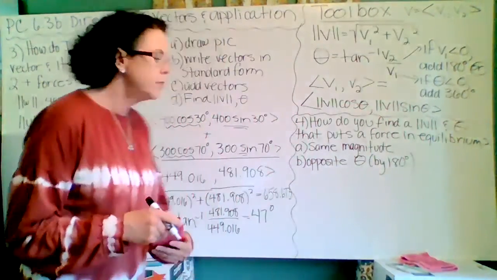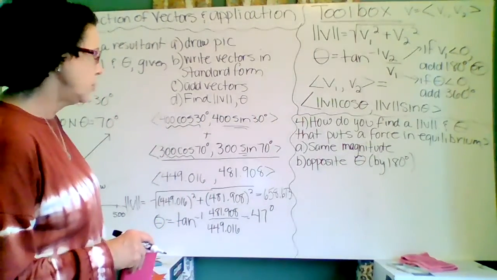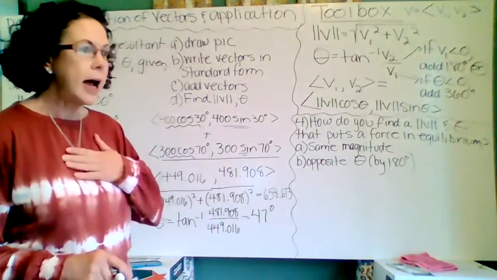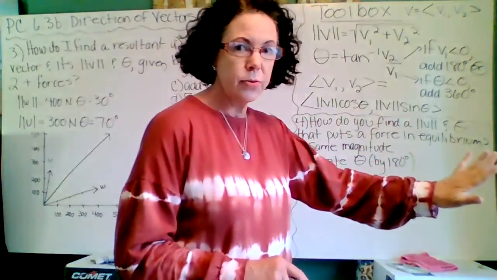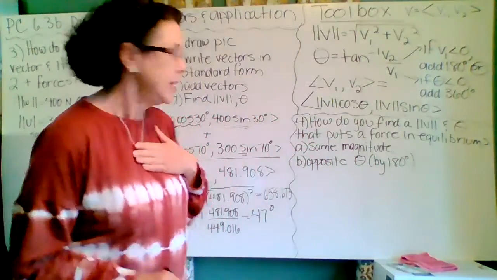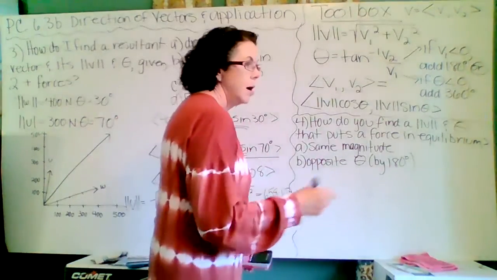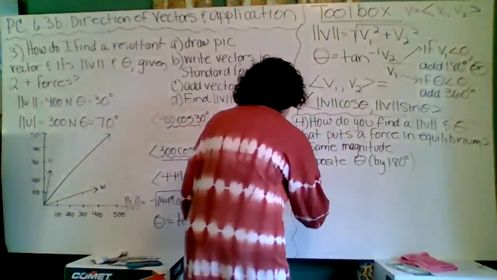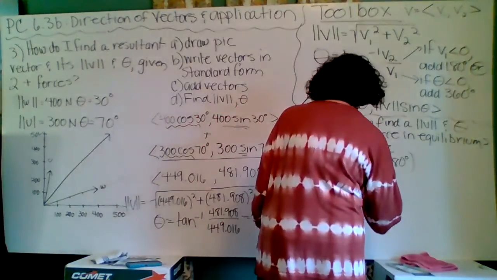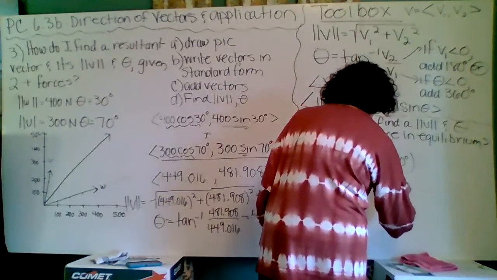Last problem. How do you find a magnitude and an angle that puts a force in equilibrium? And honestly, all you do is you keep the magnitude the same, right? If I am going at a certain force in a certain direction, to put me into equilibrium, to stop me, the force has to be equal, but in the opposite direction, right? 180 degrees. So let's say that my magnitude is a velocity of, let's say 20 feet per second, right?